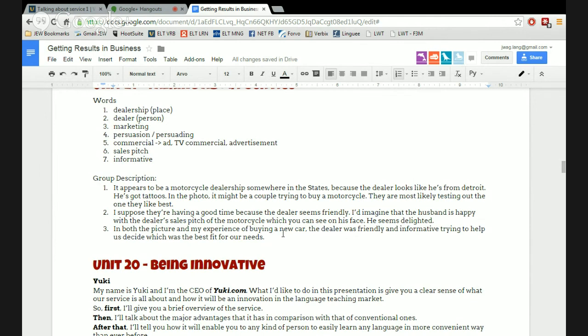Nisreen? I suppose they're having a good time because the dealer seemed friendly. Imagine that the husband is happy with the dealer's sales pitch of the motorcycle, which you can see on his face. He seems delighted. Good. Amir? Yeah, in both the pictures and my experience of buying a new car, the dealer was friendly and informative, trying to help us decide which was the best fit for our needs.